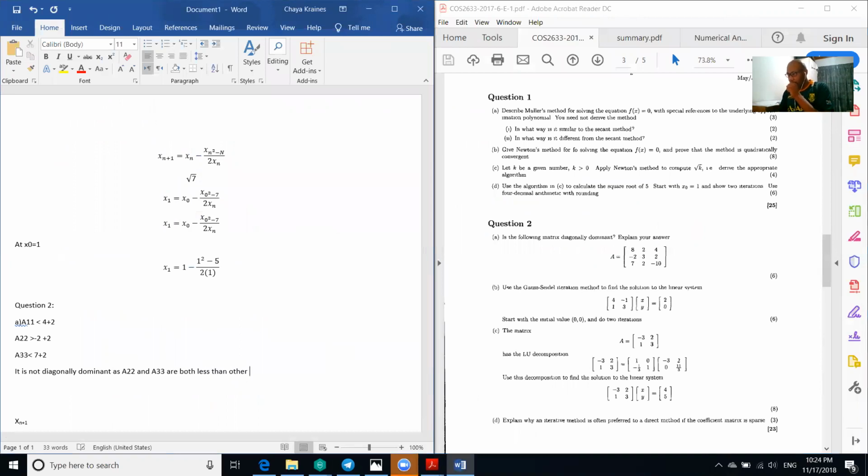Are both less than? Okay, all right, I see. So we check for each row the diagonal entries A11, A22, and A33.